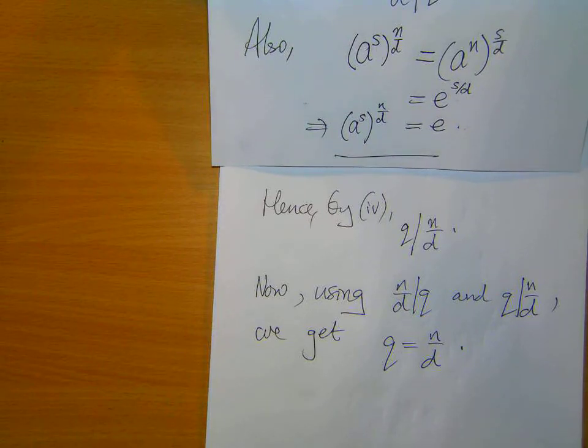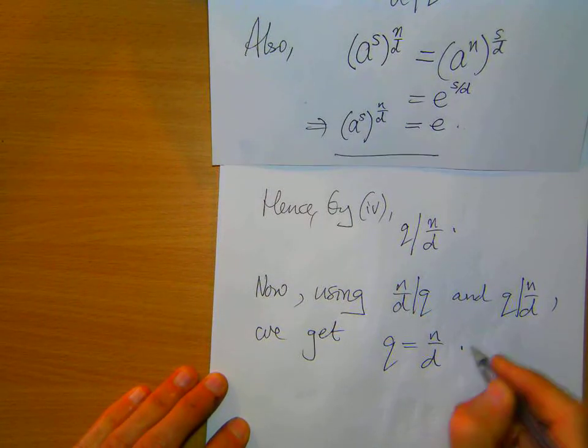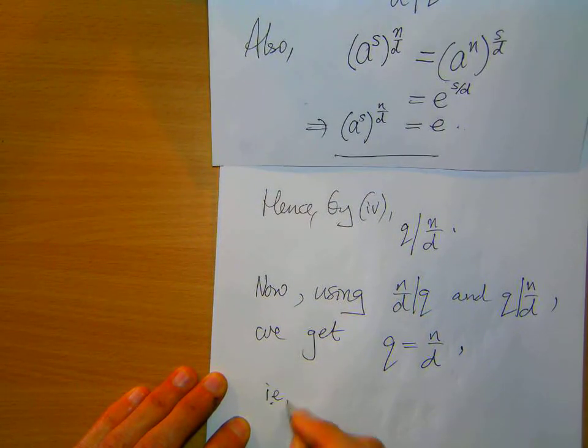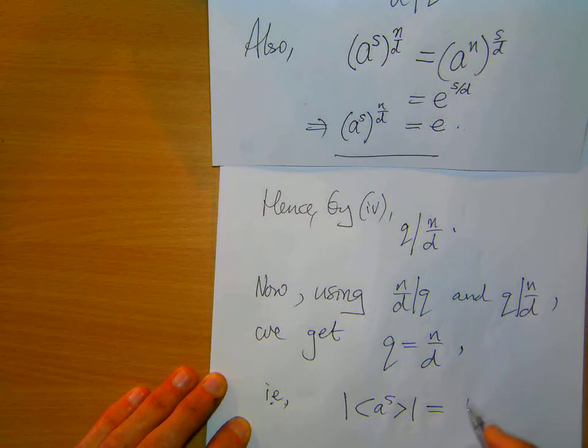If one integer divides another and the other one divides the first one, then they must be plus or minus of each other, but since these are both positive, they must actually be equal. So remember q was the order of a to the s, and d was just shorthand for the greatest common divisor.